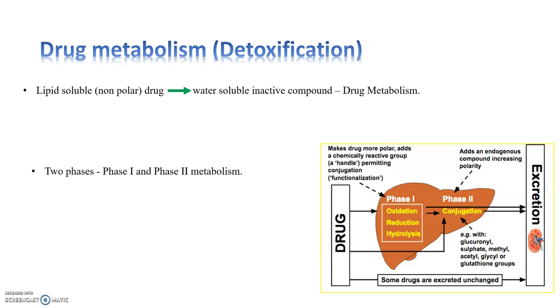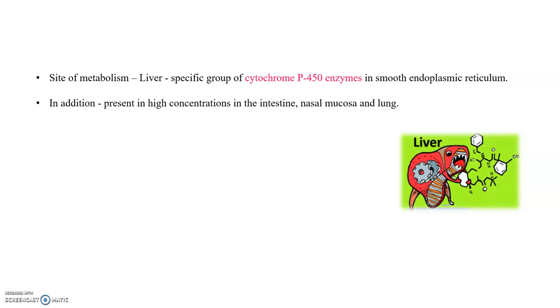The whole drug can then be eliminated without allowing anything to remain in our body. The main organ here is the liver, with the endoplasmic reticulum containing the cytochrome P450 enzyme group, which is involved in drug metabolism.